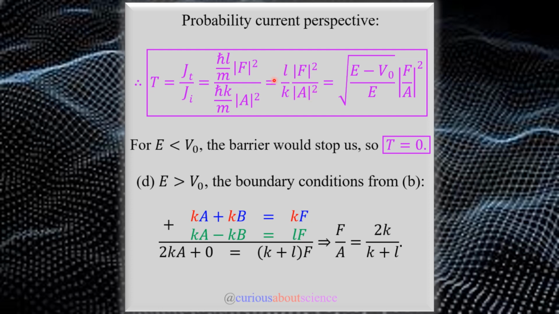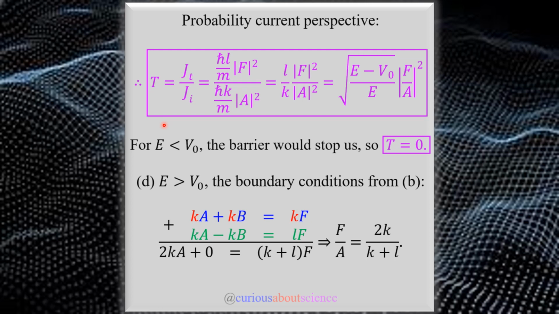And of course, if we go back to what we saw with L and K, both of them have an energy term in them, this is what we expect naturally. The E comes from the K, and the L had the E minus V naught, so this is the natural extension, or natural simplification, and it's exactly what we expected.